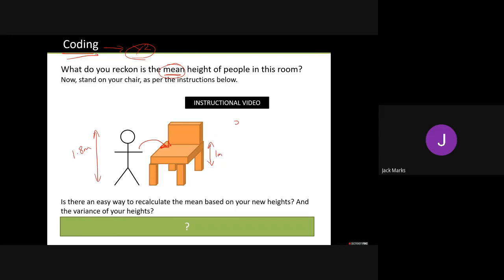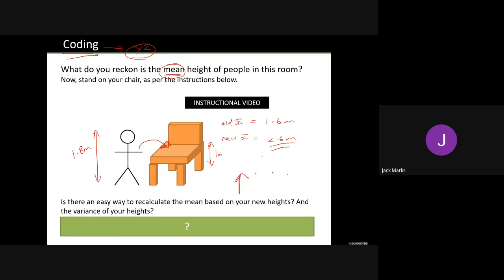Well, if your average before was, let's say, 1.6 meters, hopefully you're happy with the idea that your new mean would be whatever it was before plus the 1 meter. Why is this? Because each piece of data is being uplifted.